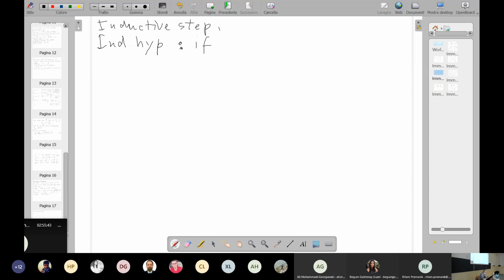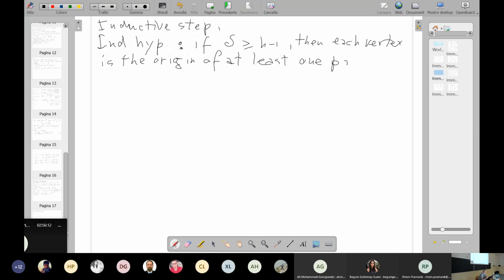If small delta is greater than or equal to h minus 1, then each vertex is the origin of at least one path of length at least h minus 1.